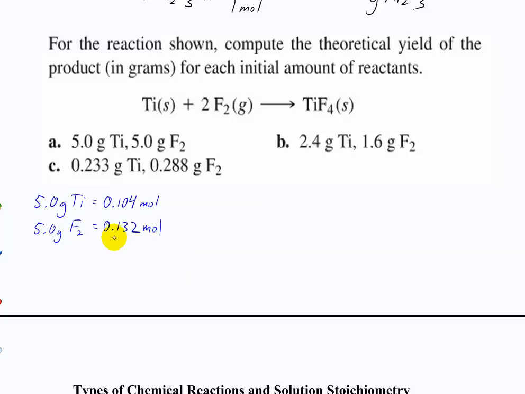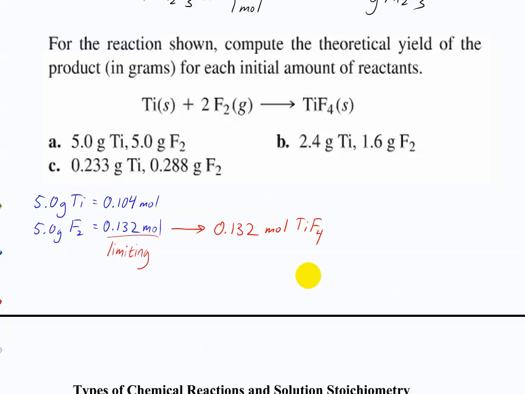If this is limiting, then that has to be used to calculate our theoretical yield. And then what is the theoretical yield of titanium fluoride in moles? Should be the same number, right? The equation tells us it's a 1-to-1 ratio. So that means we should ultimately form the same number of moles.